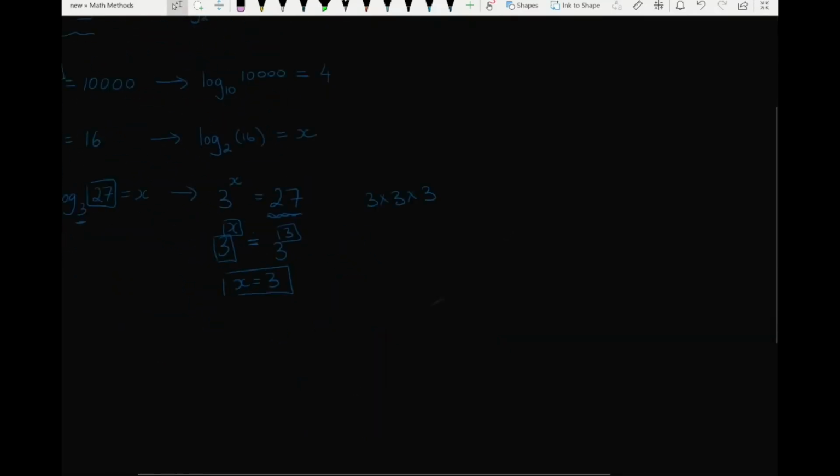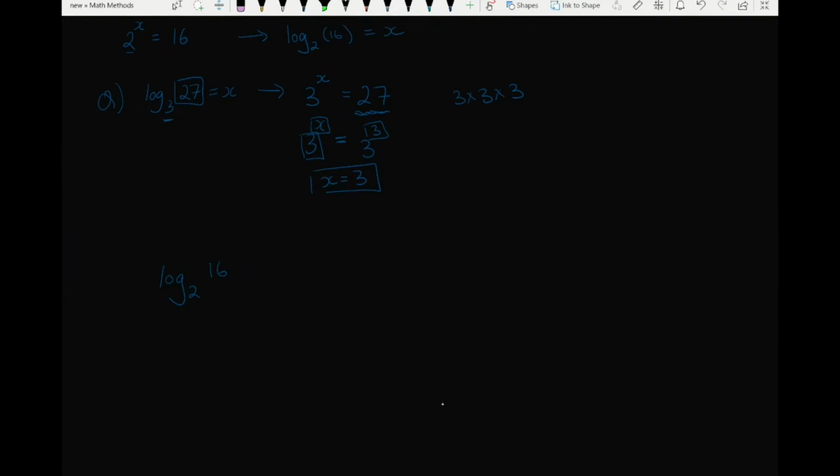Let's look at another question. So say we have log 2 of 16 equals x. So again, we can rewrite this as 2, remember, x, the answer, is really our power, to the x equals 16. Now again, let's rewrite 16 in terms of 2 to the power of something. So we know that 16 is really 2 times 2 is 4, times 2 is 8, times 2 is 16.